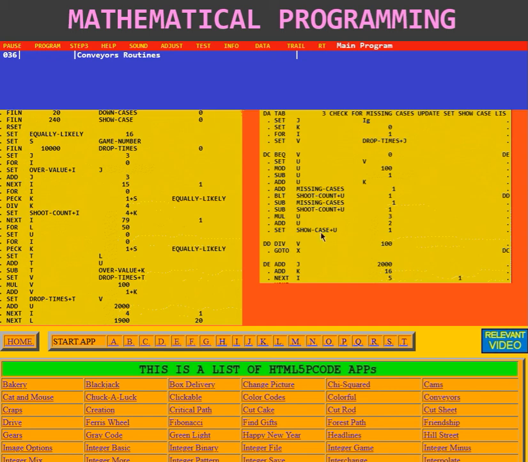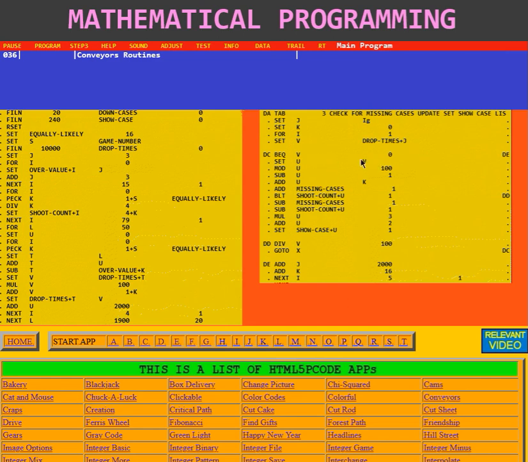Once it says where it's going to show that case on the conveyor, then it divides that V value by 100 and goes back to the top here to see if there possibly could be a second chute that's supposed to drop a case at this very same time. Not very likely, but it does happen.